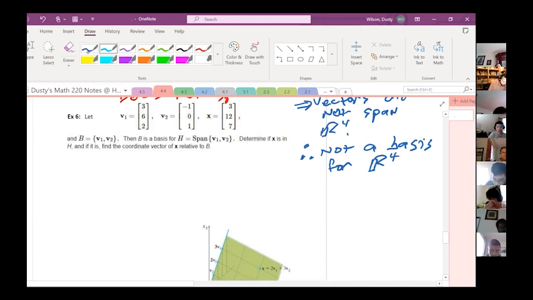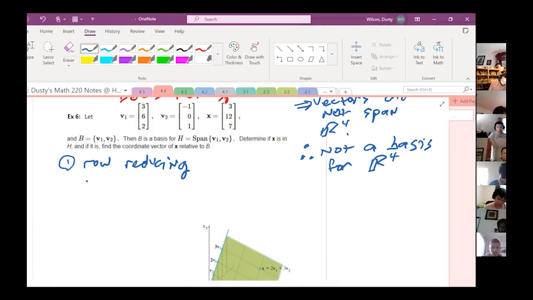Remember, there were 3 different methods. So we could do this by row reducing.